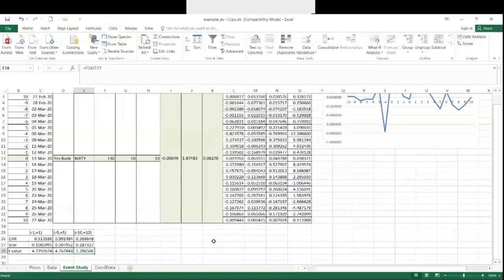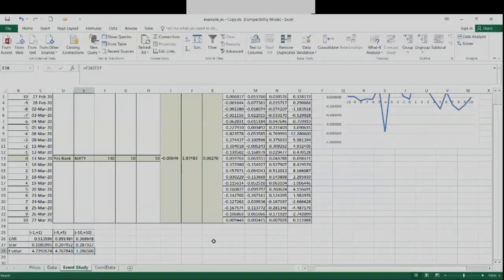Similarly, you can extend it to a set of firms where you are able to identify perfect treatment and control groups, and there is a way to identify treatment and control groups in econometrics. If you can apply that, then instead of checking the significance from 0, you will test for the significance of the difference in the values of cumulative average abnormal return between the treatment and the control sample.